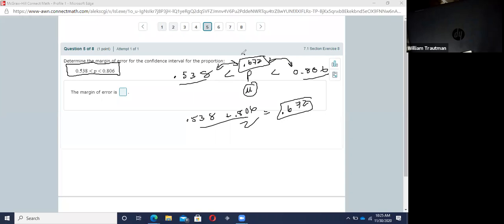So if we do from here to here, 0.672 minus 0.538, and we get a margin of error of 0.134. And you can subtract these 2 also. 0.806 minus 0.672.